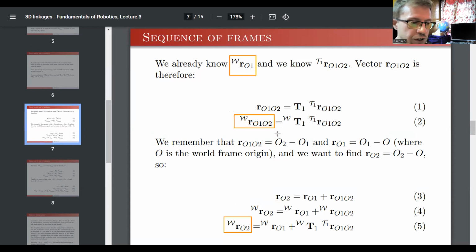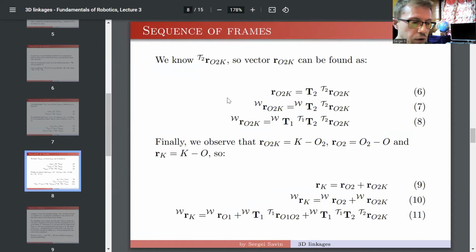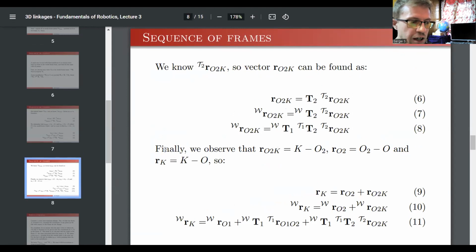Alternatively, you can of course just deal with those O1, O2 intermediate vectors. When you know all of those, then for whatever vector you need to find, like some RK, you transform its own relative position to an absolute position, and you add to this absolute position the absolute position of the origin of the frame in which it is expressed.